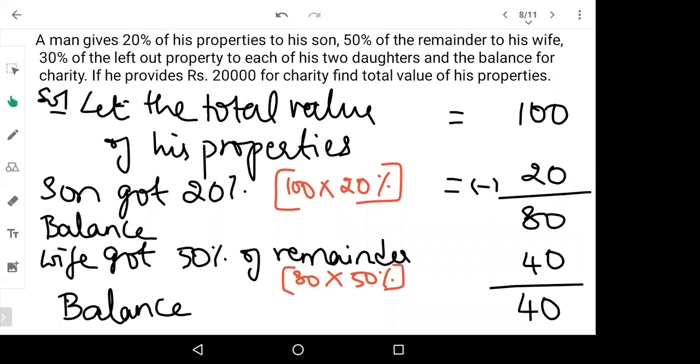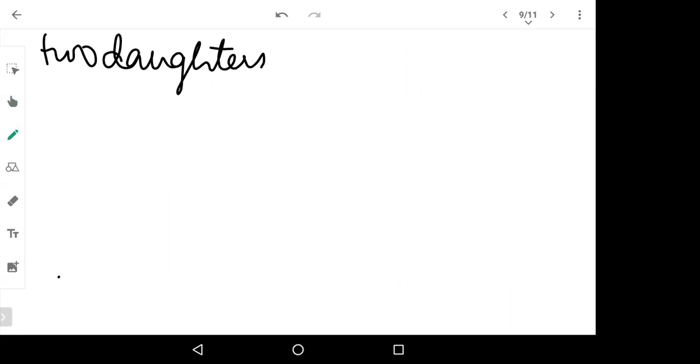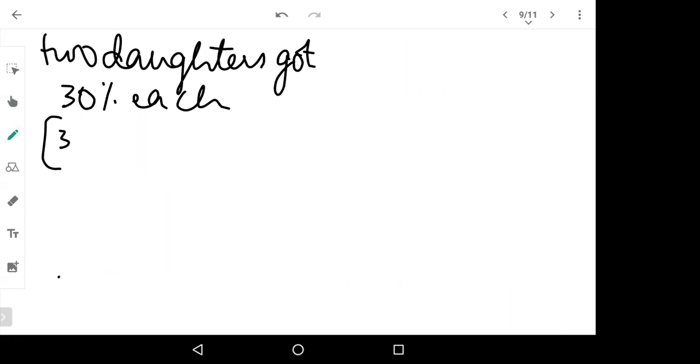Okay. So the next one is two daughters got 30% each. 30 plus 30, 60%.